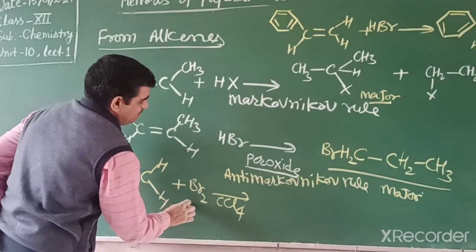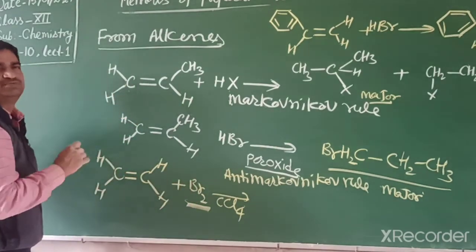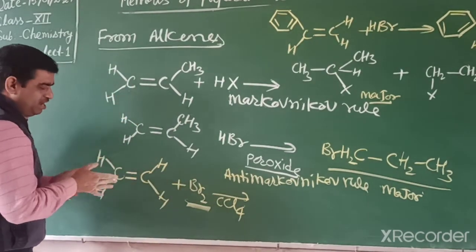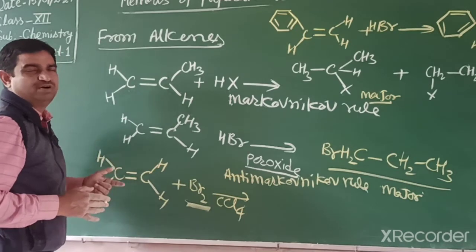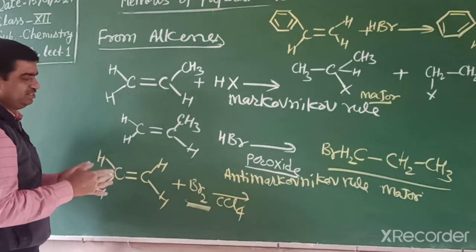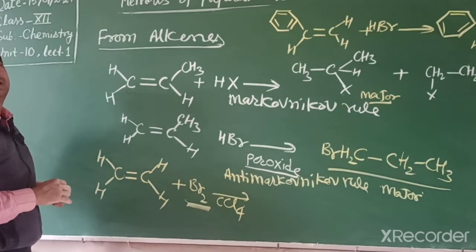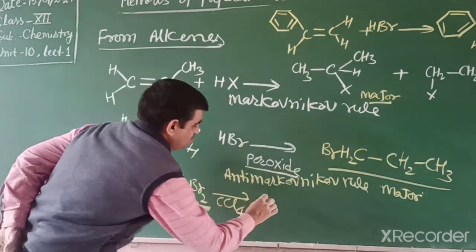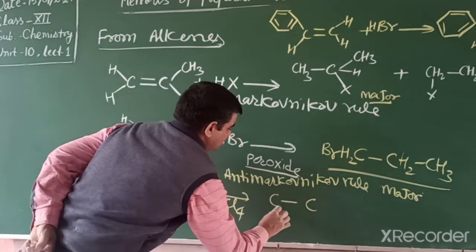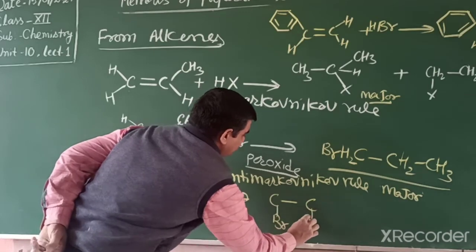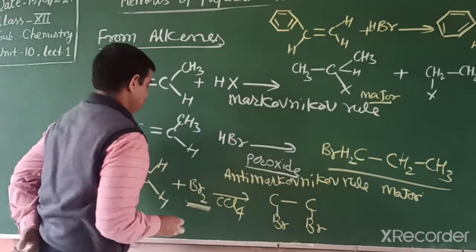Because we know bromine is a reddish brown liquid. When the alkene passes through the bromine solution, the reddish brown color disappears and we get an addition reaction, with two halogen atoms attached on adjacent carbons.